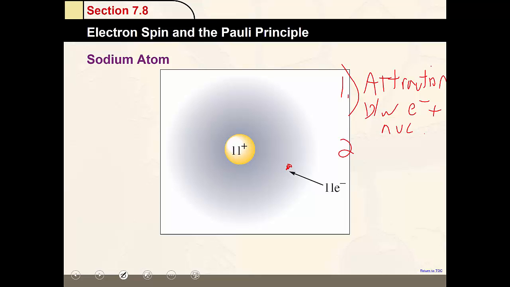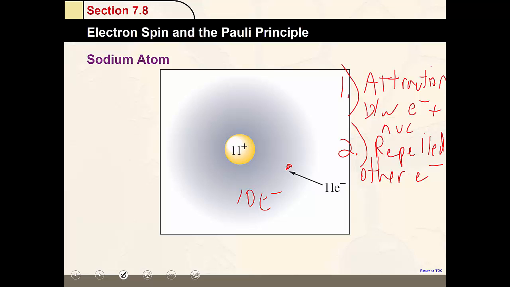The second thing we have to think about: we have 1 electron here, but that means there are 10 other electrons all around outside this nucleus in this electron cloud. Since they're like charges, since they're both negatively charged, that 1 electron is repelled by the 10 other electrons.